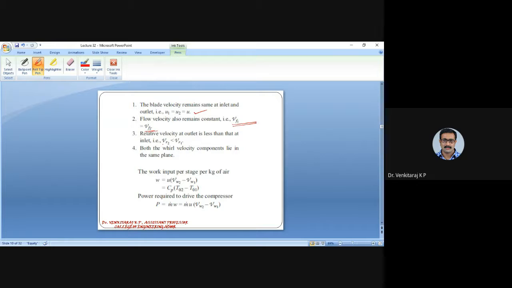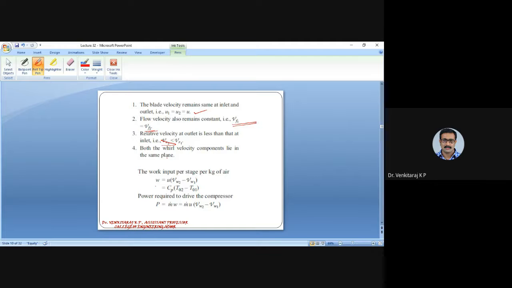And vr2, the relative velocity at exit, is always less than vr1, taking into account the effect of friction. Due to friction, vr2 will always be less than or equal to vr1. We assume that both the components are lying on the same plane, so that the computation is easier.